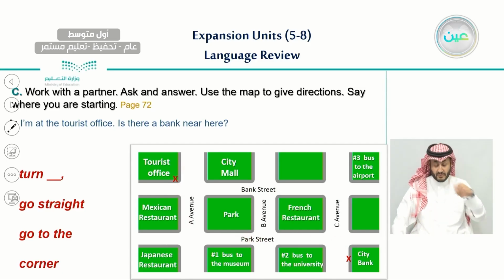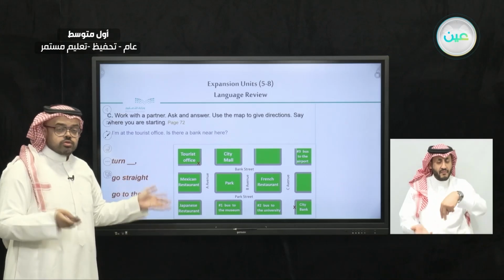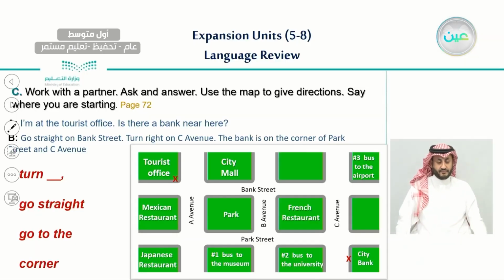So let's read the directions and see how we can tell him to go to the bank. We can tell him to go straight on Bank Street and at C Avenue to turn right, and the bank will be at the corner. So we can say, "Go straight on Bank Street, turn right on C Avenue. The bank is on the corner of Park Street and C Avenue."